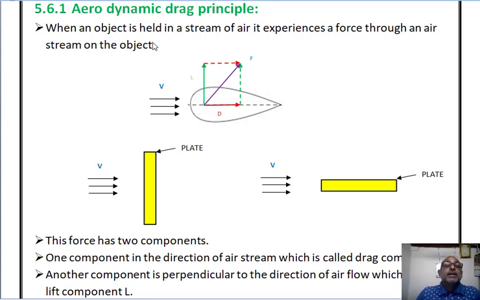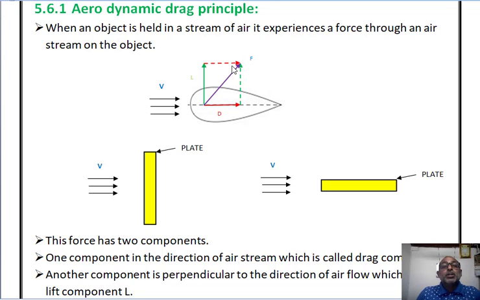Now first let us see what the aerodynamic drag principle is. When any object is placed in the stream of air, it experiences a force through the air stream on the edge of the object. The force F that occurs on this object has two components.